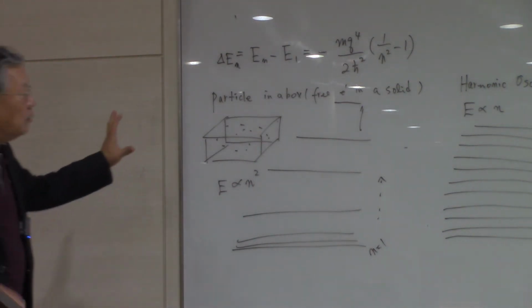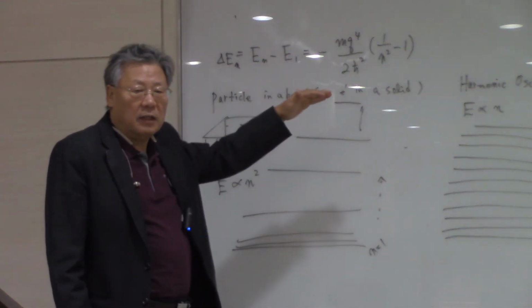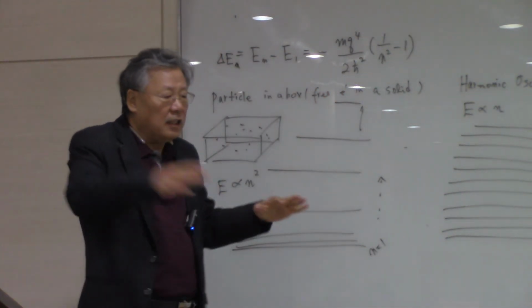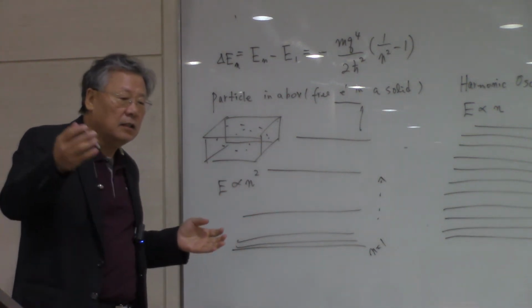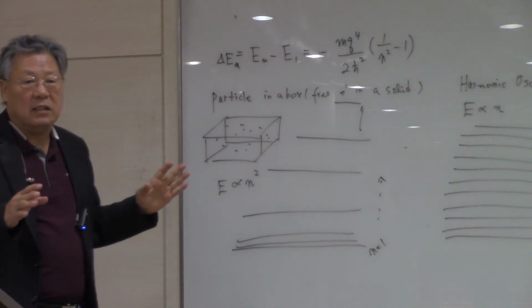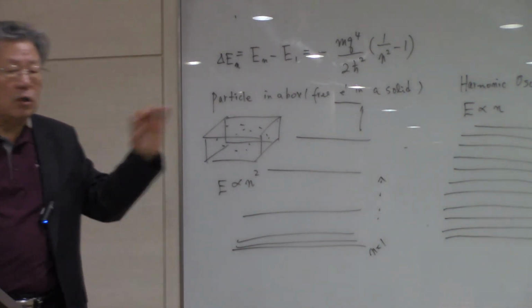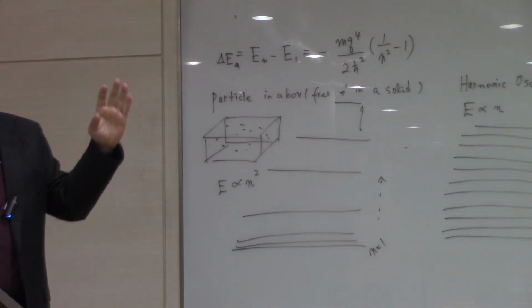So for all those things, we start out with the string under tension, right? And then we extend that idea to the lattice atoms, and that was easy because we can still use the Newtonian F equals ma.